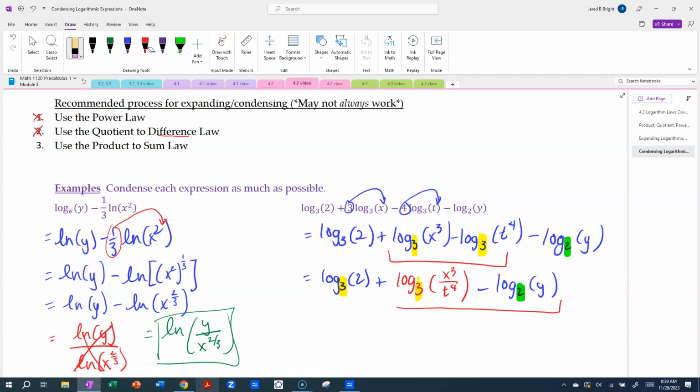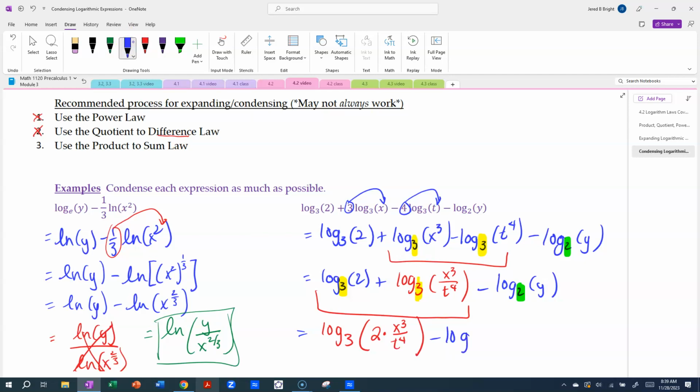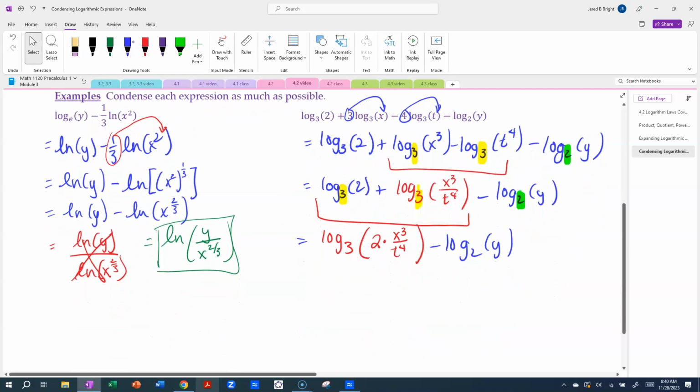So I can combine these two, and that would combine into log base 3, and then inside the logarithm I would have 2 times the quantity x cubed over t to the fourth, and then I'd have minus log base 2 of y. And fortunately or unfortunately, that is as simplified as I can go.